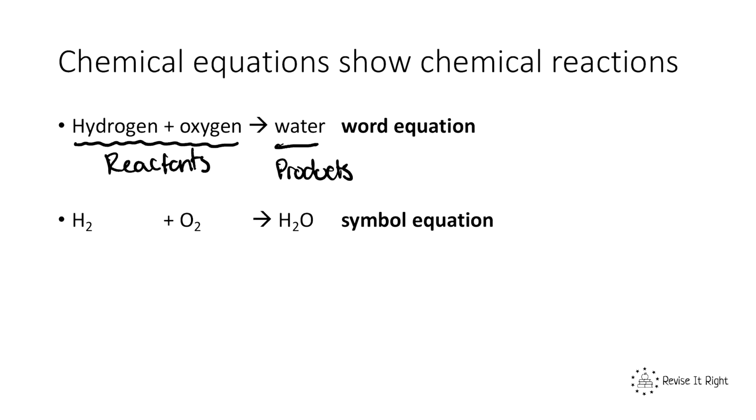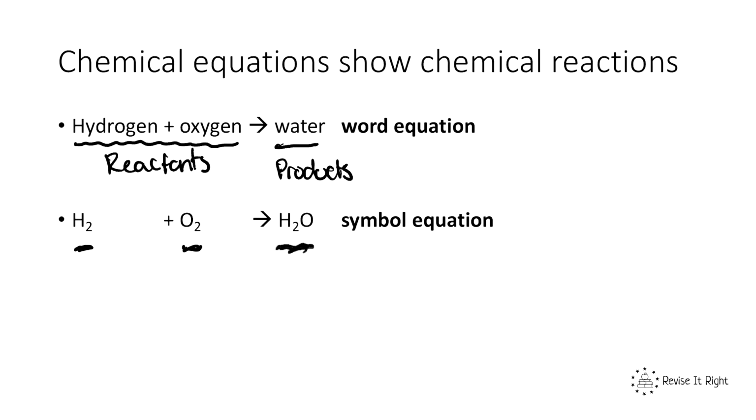The symbol equation shows the atoms involved on both sides and the amount of atoms that are involved on both sides. So we can see here that 2 hydrogen atoms bond with 2 oxygen atoms to make H2O. Now, there's a bit of an issue with this symbol equation because symbol equations need to be balanced.